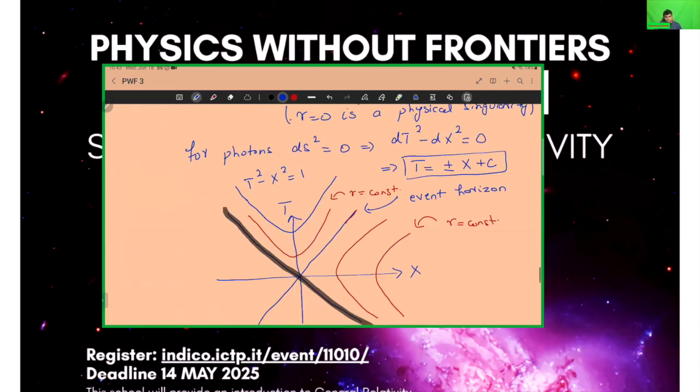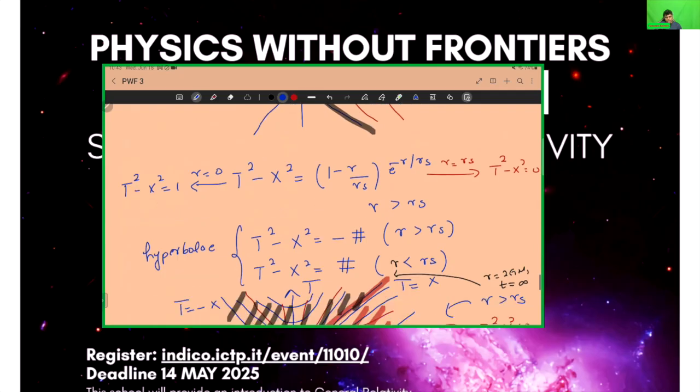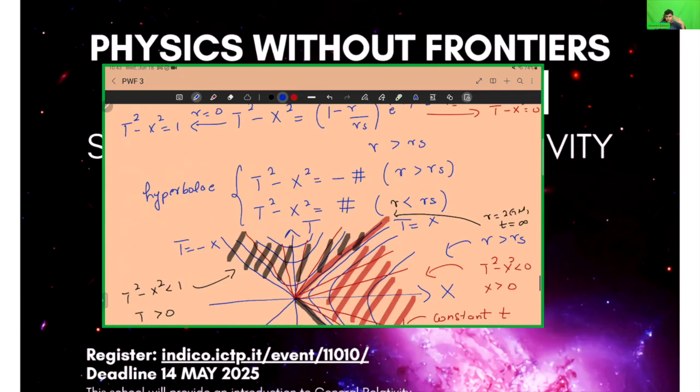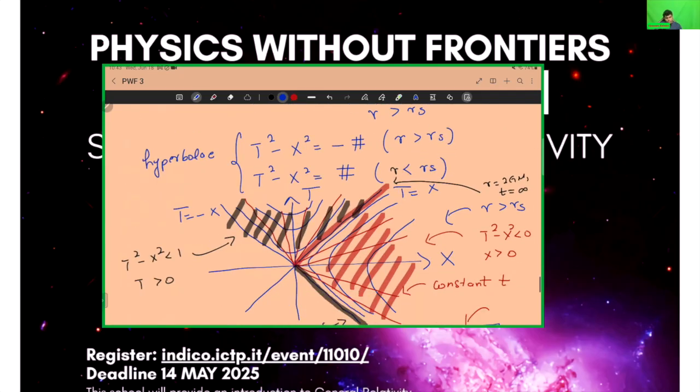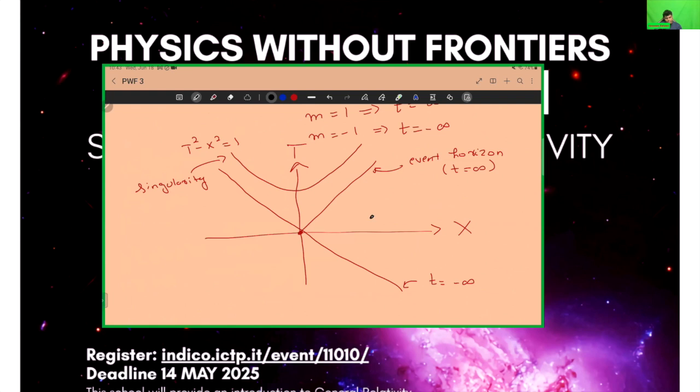It just tells you that the light cones are at 45 degrees. So if there's a light ray that starts from here, it would always move at 45 degrees. That's one of the advantages of Kruskal-Szekeres coordinates. So if there is a light ray that falls inside, you can see that it always goes into the event horizon, sorry, into the singularity.